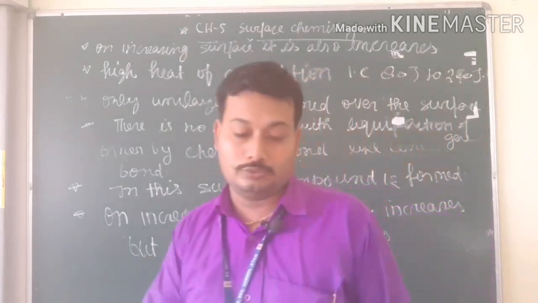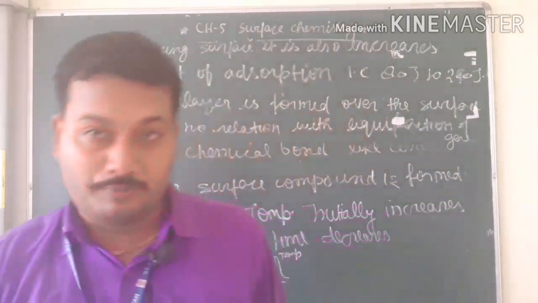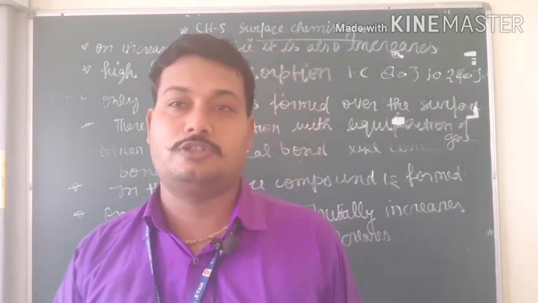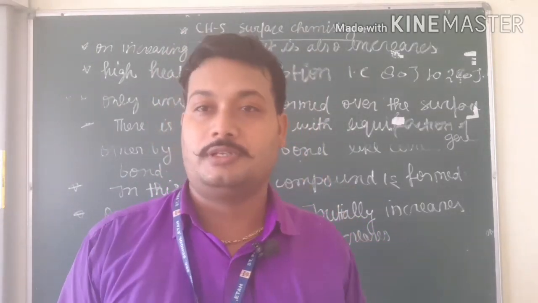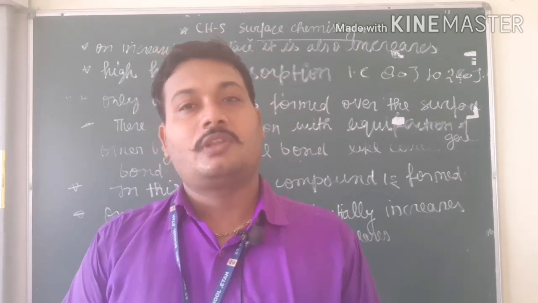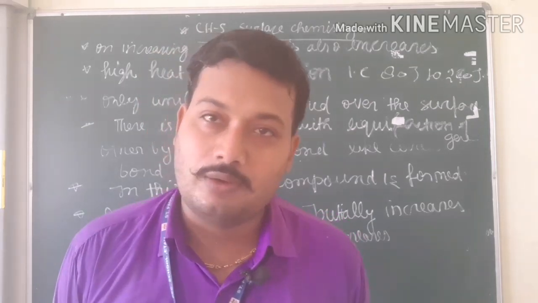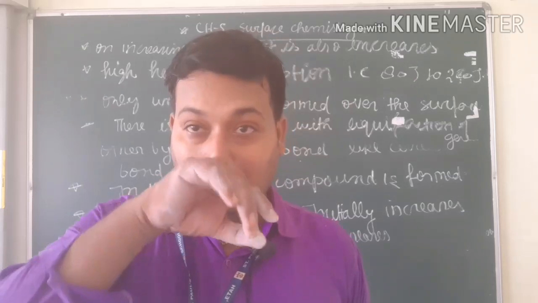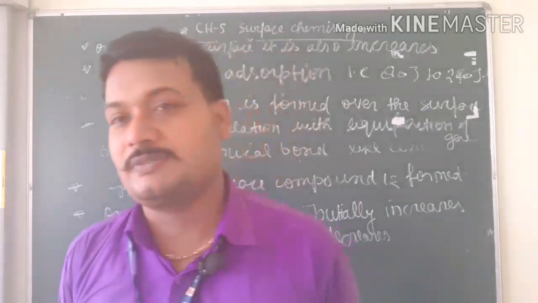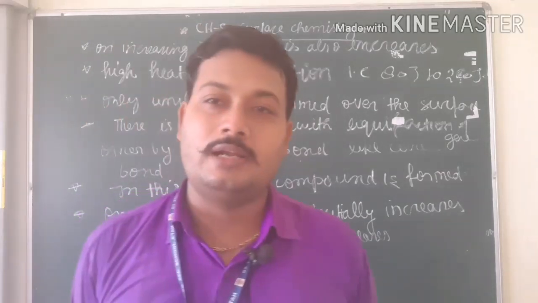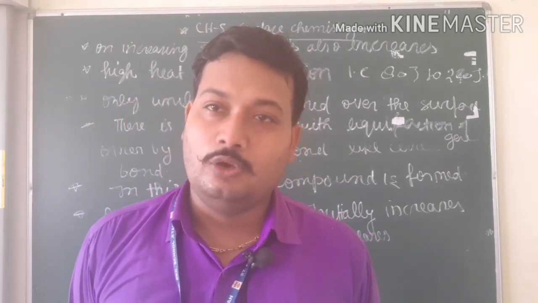So now I am going to compare physisorption and chemisorption. Physisorption is a physical process, chemisorption is a chemical process. Physisorption is a reversible process, while chemisorption is non-reversible. It is non-specific, it is specific. Low enthalpy is required, high enthalpy is required.